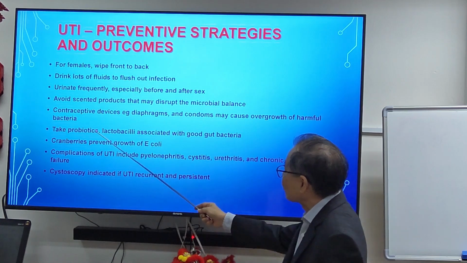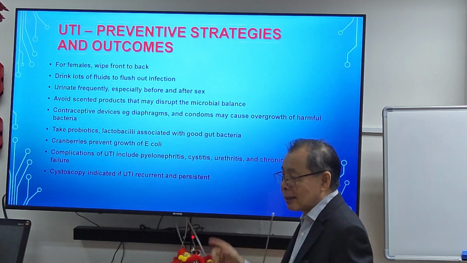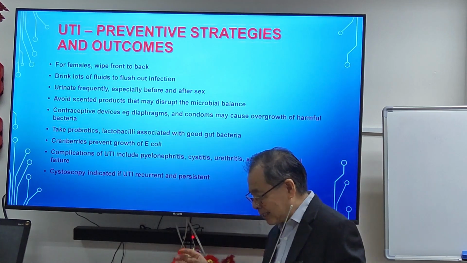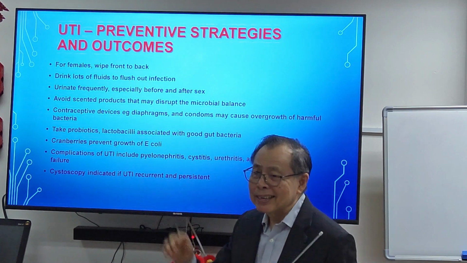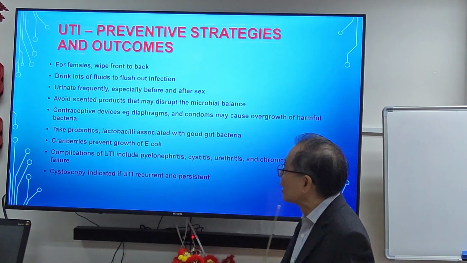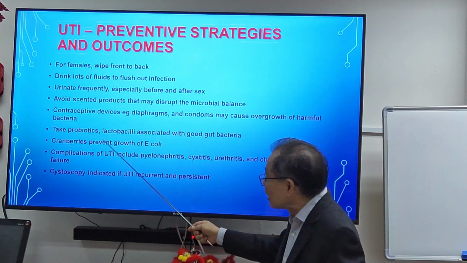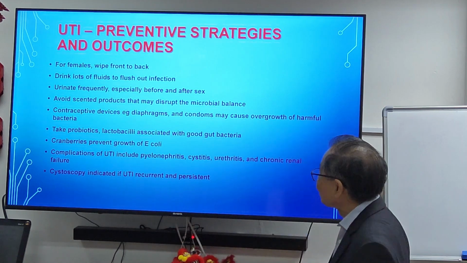So take probiotics, lactobacillus, I think this is found in Victogen and things like that. They have a lot of lactobacillus. Cranberry juice seems to help, and cranberry juice is supportive of bladder health.